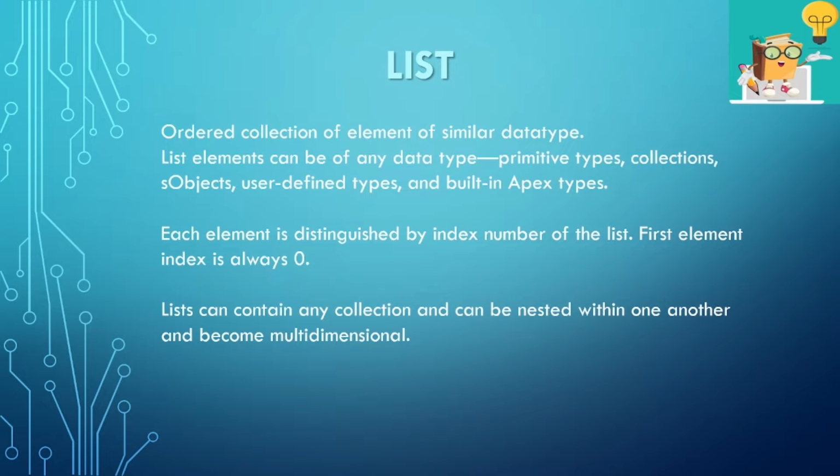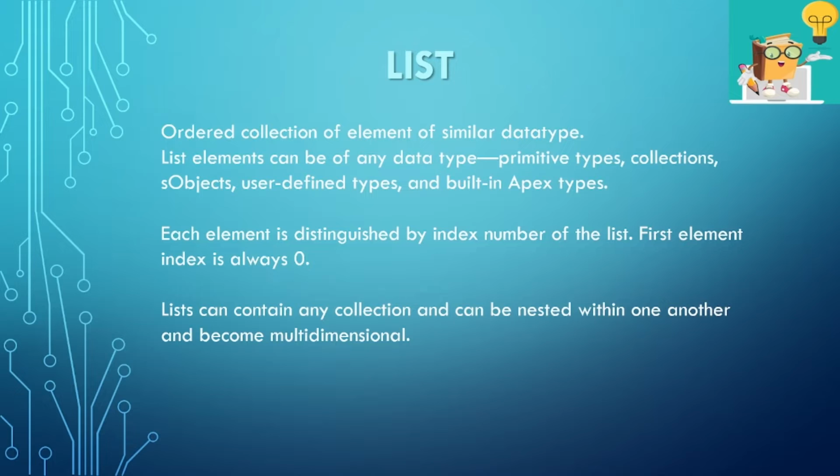User-defined and built-in Apex types we will discuss as we go forward, like the concept of wrapper classes, which you will get to know in more detail. But for now, you can consider that a list can contain any type of similar elements: primitive data type, sObject, Apex type, user-defined, anything.